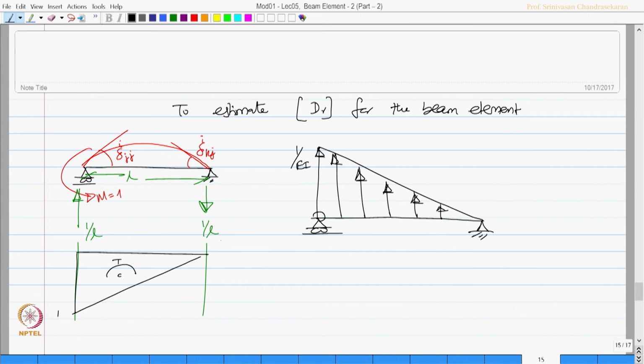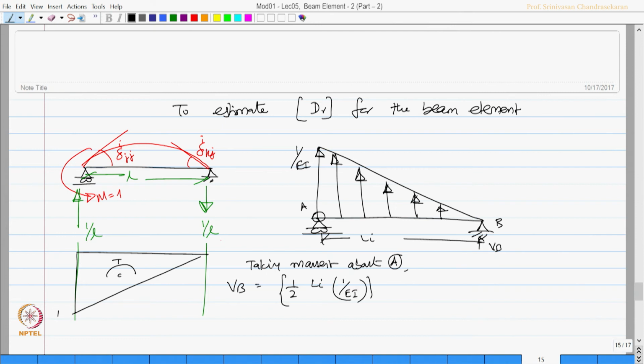So, I call this point A, let us say, take moment about A, okay. So, I call this as B, therefore, the reaction is VB. So, I should say VB straight away is half Li, that is my distance, and 1 by EI, that is my height, and the moment is going to be 1/3 of Li.